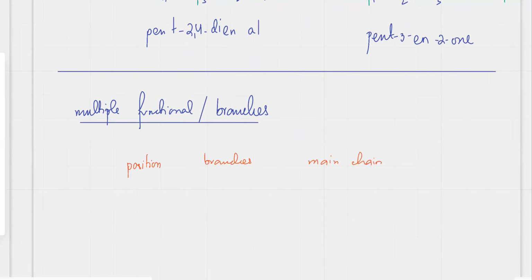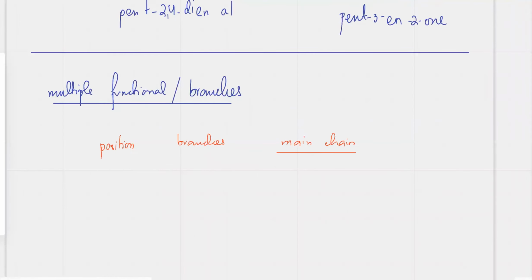You're going to start off with the main chain. What is the main chain? The main chain has lots of rules, but I'm going to keep things simple because they're not going to ask you very complicated things. And there are lots of rules for naming, so you can't really even remember all the rules.